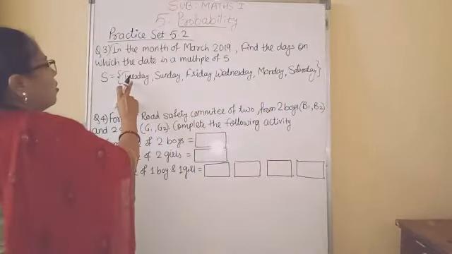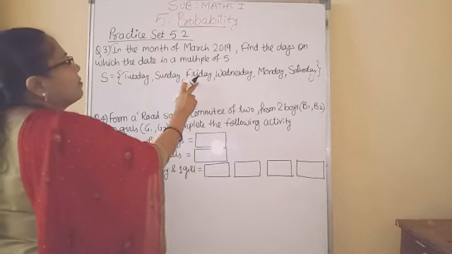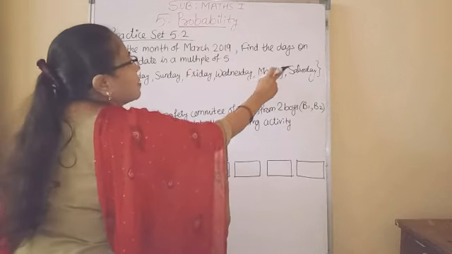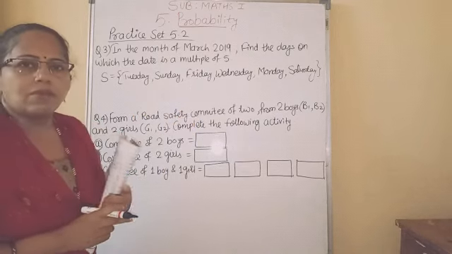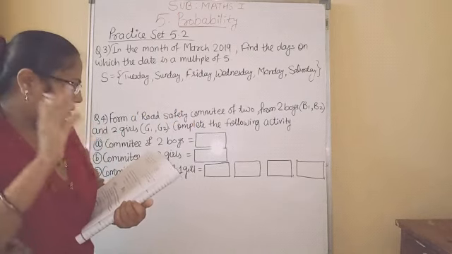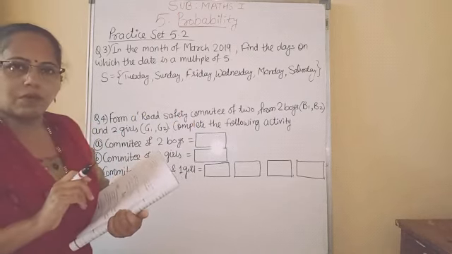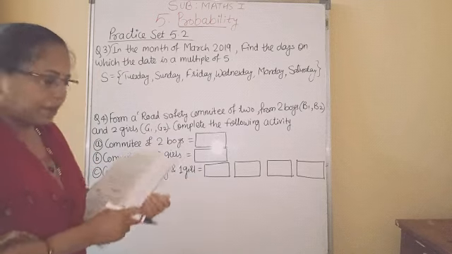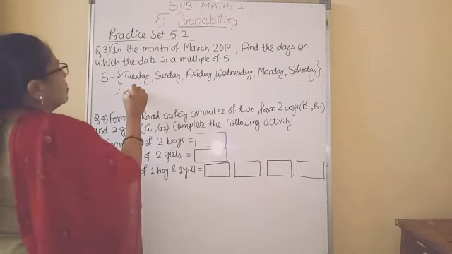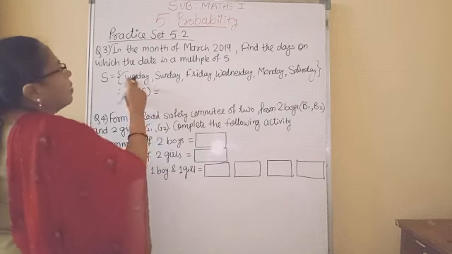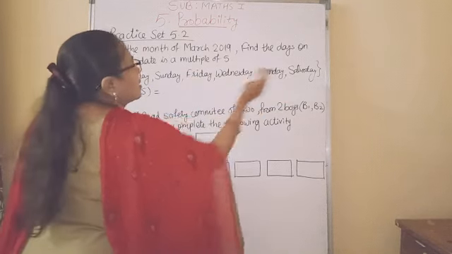See these dates: 5th, 10, 15, 20, 25th and 30. These are the dates on which the date is a multiple of 5. You can refer to this table. So how many results did we get? 1, 2, 3, 4, 5, 6.